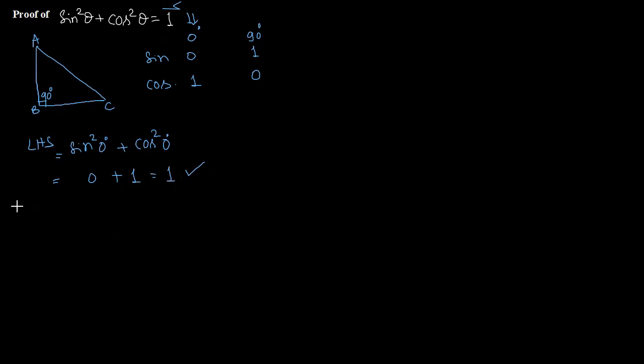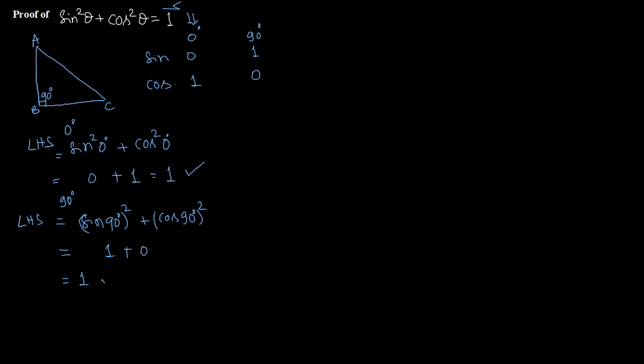Similarly, I'm going to consider the same LHS, but in this scenario, not the 0 angle. I'm going to use 90. Sine square 90 plus cos square 90. Here, sine 90 is 1, 1 square is 1, cos 90 is 0, 0 square is 0, which gives me 1.